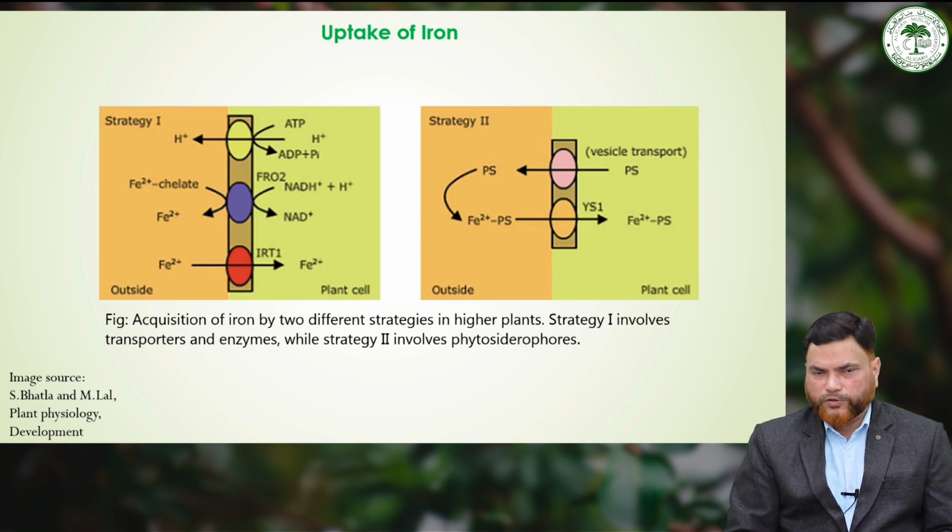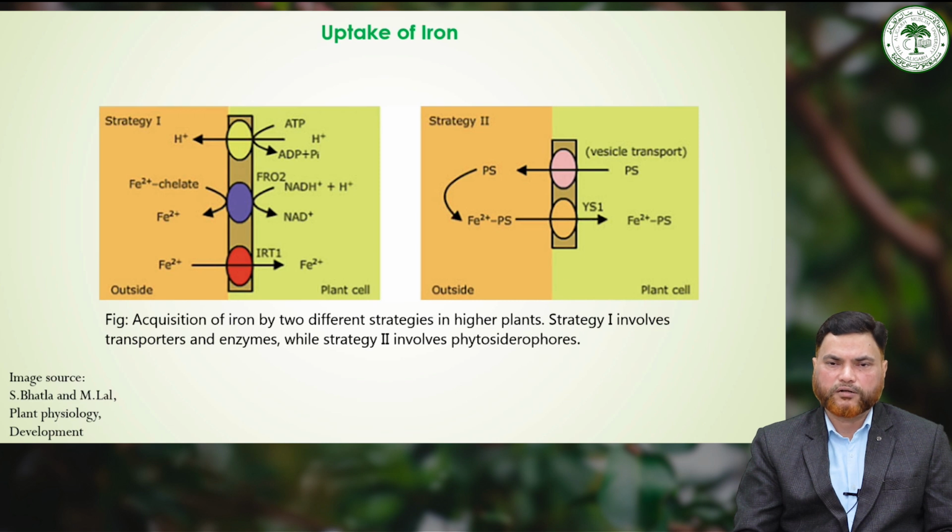Now we will discuss, you see in the second slide, there is the second strategy, and this strategy has been adopted by the members of the family Poaceae, namely barley, rice and maize. Basically this strategy relies on the chelation of ferric ion with low molecular weight phytosiderophores, particularly of the mugineic acid family.